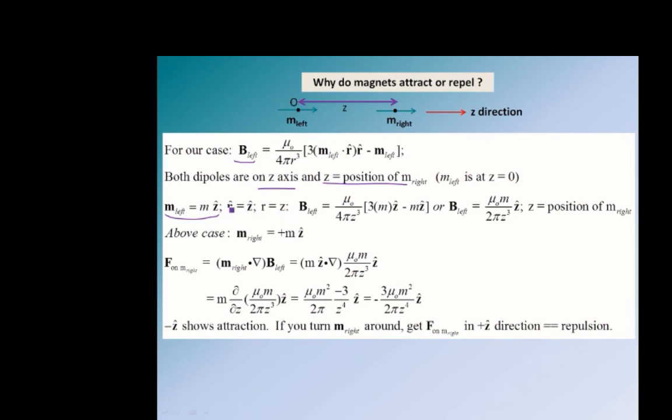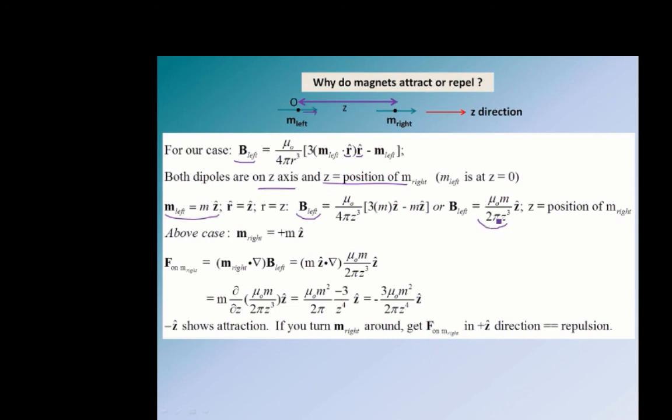What we're doing here is finding the unit vector in this direction to describe the field due to this dipole here. And we're talking about these r hats right here. And so the distance r equals z. Plugging those in to the field due to the left-hand dipole, we get this expression here. And if we collect terms, we have that the field due to the left-hand dipole is equal to this quantity here times z hat. And z, of course, is the position of the dipole on the right.